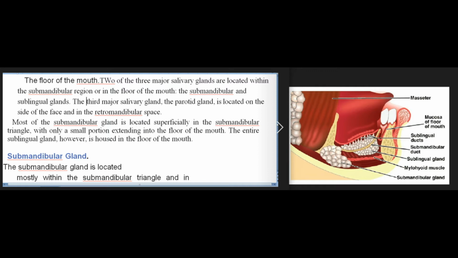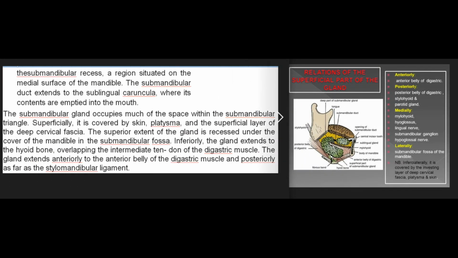Submandibular gland. The submandibular gland is located mostly within the submandibular triangle and in the submandibular recess, a region situated on the medial surface of the mandible. The submandibular duct extends to the sublingual caruncula, where its contents are emptied into the mouth. The submandibular gland occupies much of the space within the submandibular triangle.